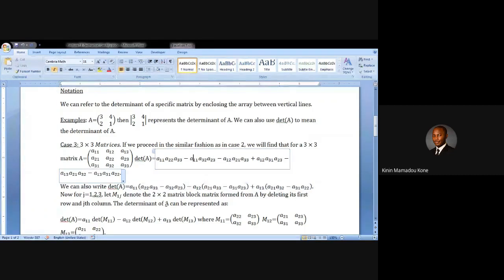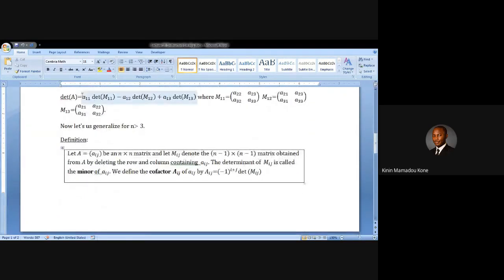Now for j going from 1 to 3, let M sub 1j denote the 2 by 2 matrix formed from A by deleting its first row and jth column. The determinant of A can be represented as the following.